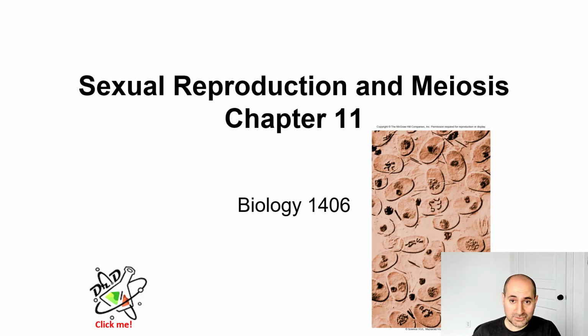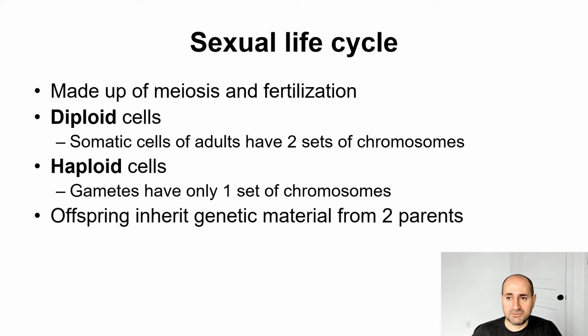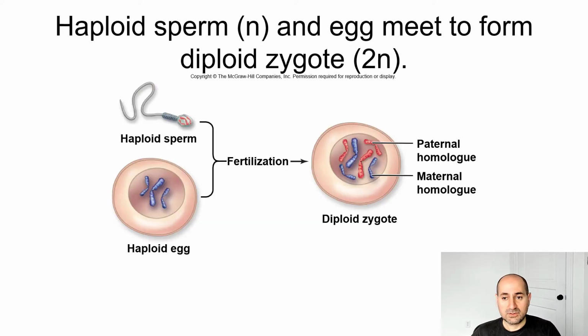So let's start with chapter 11, dealing with meiosis. Please know the difference between what a diploid and a haploid cell is. You should know that sperm and egg are haploid.